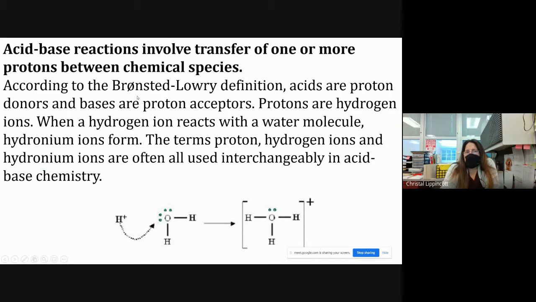We talked in regular chem about Bronsted-Lowry acids and bases. So Bronsted-Lowry definition, protons are hydrogen ions. And when those hydrogen ions react with water, they're going to form what's called hydronium. Hydronium is H3O+.